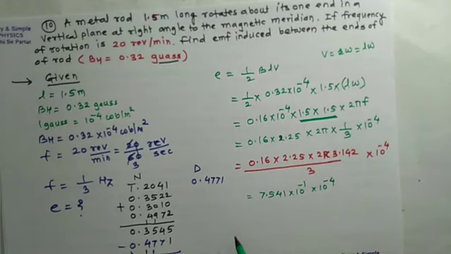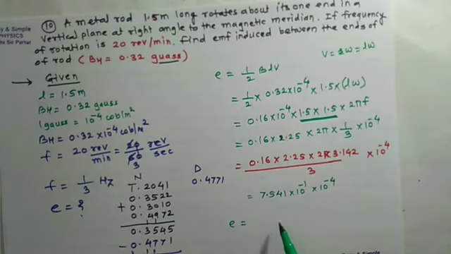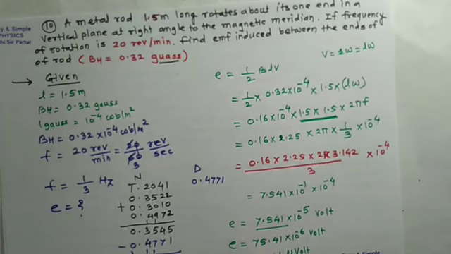So the EMF induced in the coil will be 7.541 into 10 to the power minus 5 volt, or we can write E equal to 75.41 into 10 raised to minus 6 volt. So we can write 75.41 microvolt. So that is also the answer of the given question.